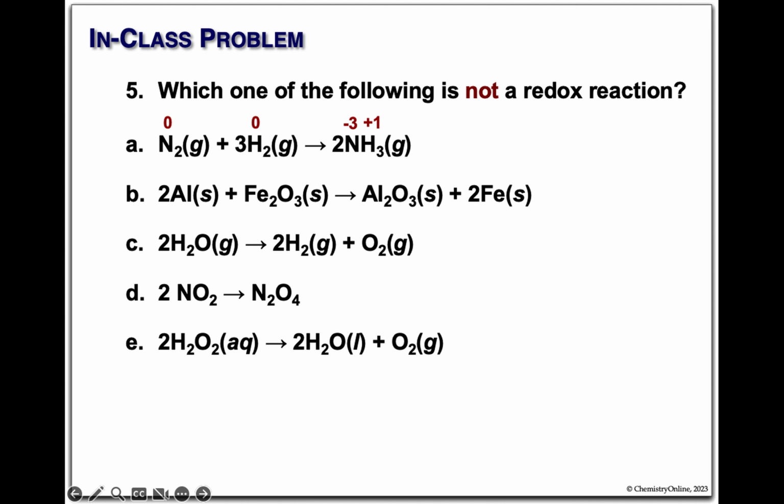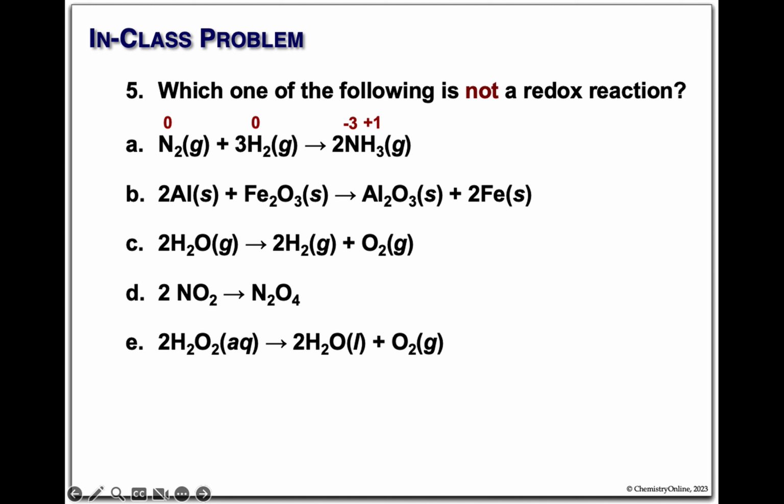But rather than do this for all of these, there's a simple little dodge you can do. Just think about it. If you have an element in either the reactants or the products, it must be redox, because it's either going to change from 0 to something or something to 0.